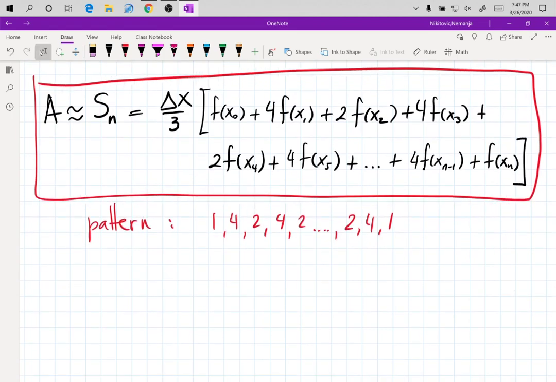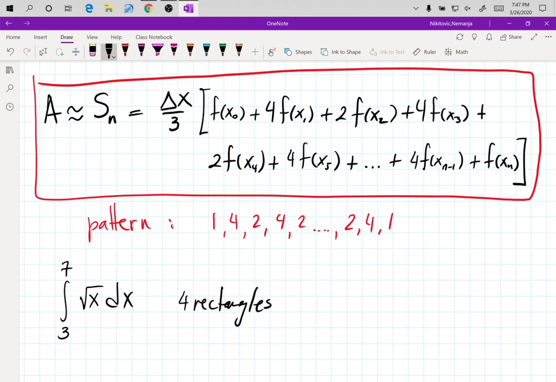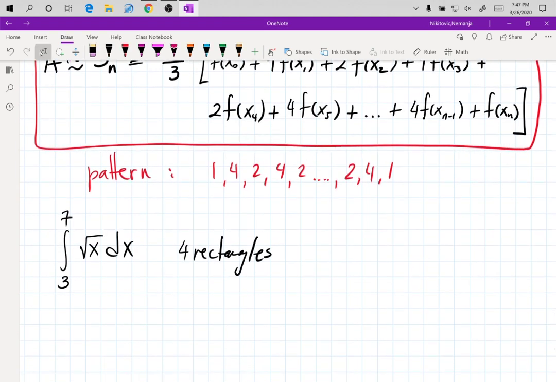So now we can go back to our problem, but this time around I will have to use 4 rectangles, because I'm not allowed to use 3 rectangles like I used to be. So now, 4 rectangles. What do we have? We have divisions 3, 4, 5, 6, 7.